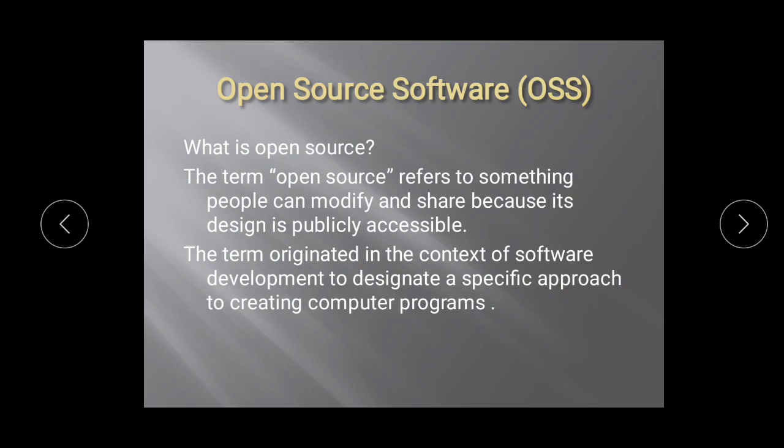The term originated in the context of software development to designate a specific approach to creating computer programs, so that people can make computer programs. This context of open source was in the software development cycle, for developing computer programs. Today, however, open source designates a broader set of values, what we call the open source way.